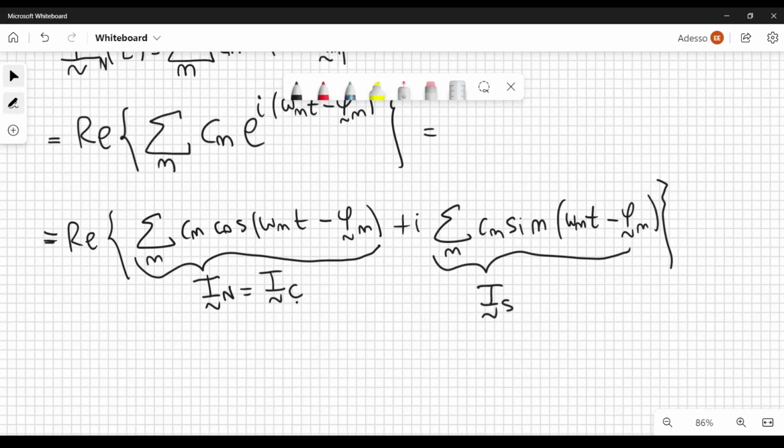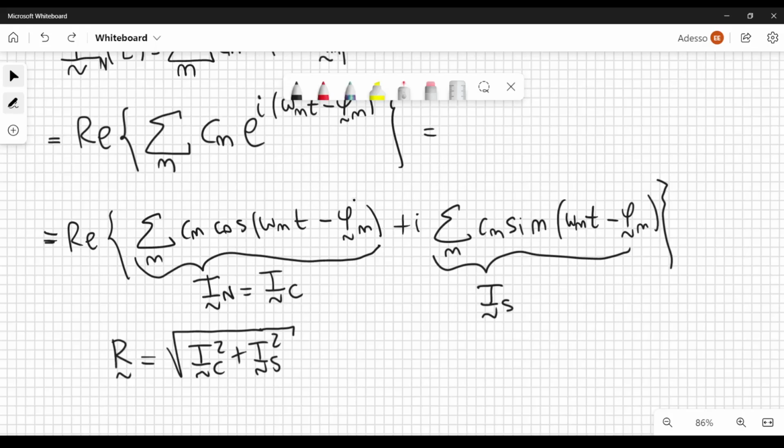And from I sub c and I sub s, I can obtain the envelope. In particular, I can write a random variable r equal to the square root of I tilde sub c squared plus I tilde sub s squared. And now I'm going to motivate this a little bit more rigorously. So this will be the envelope. We want to find the distribution of this random variable r, which depends on time, because we know that I sub c and I sub s both depend on time, and you can see that from here.